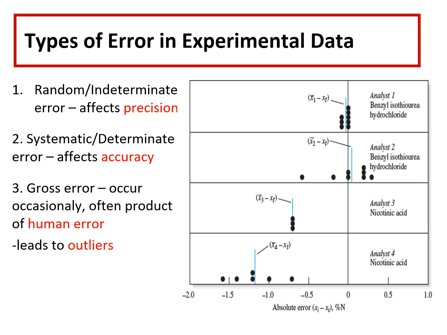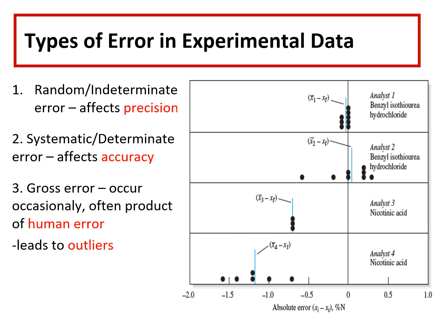So we can say that analysts 1 and 3 have less random error.